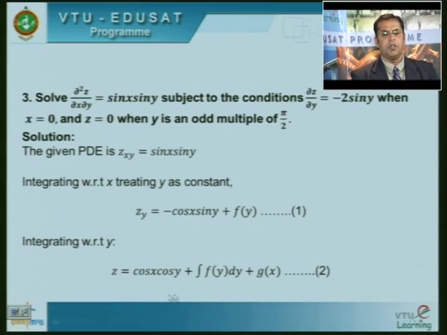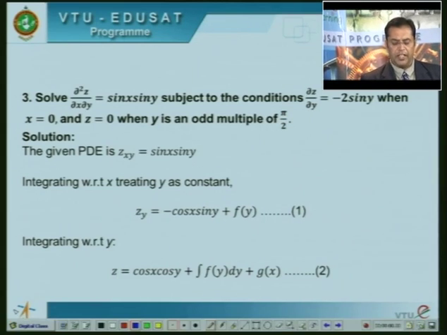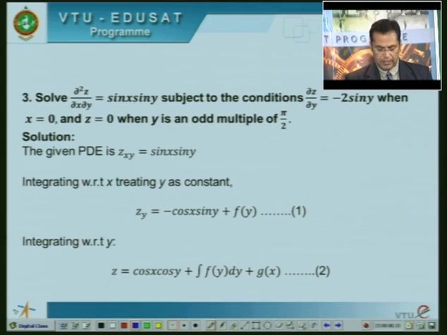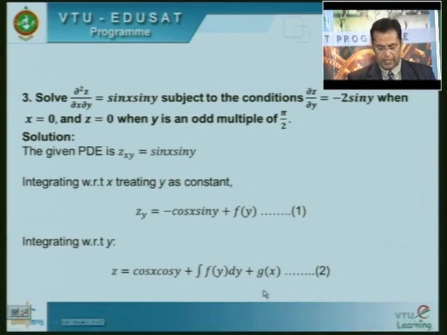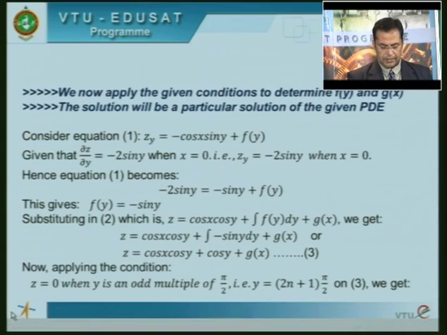You obtained z equal to cos x cos y plus integral f of y plus g of x. Notice, friends, that f of y is already obtained now. So, that f of y can be substituted in the solution obtained, which is seen in the next slide.